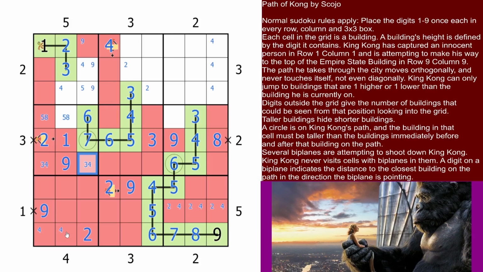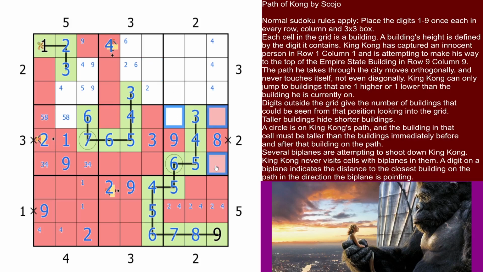3, 4, 3, 4, 1. 1 is one of these two, right? 6 is one of these two, right? These 3 are remaining, right?